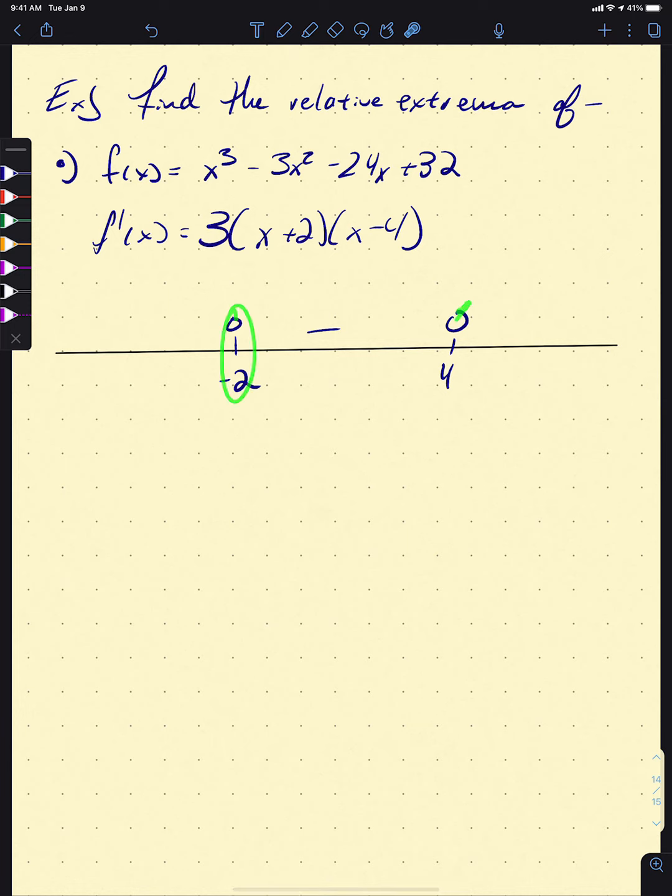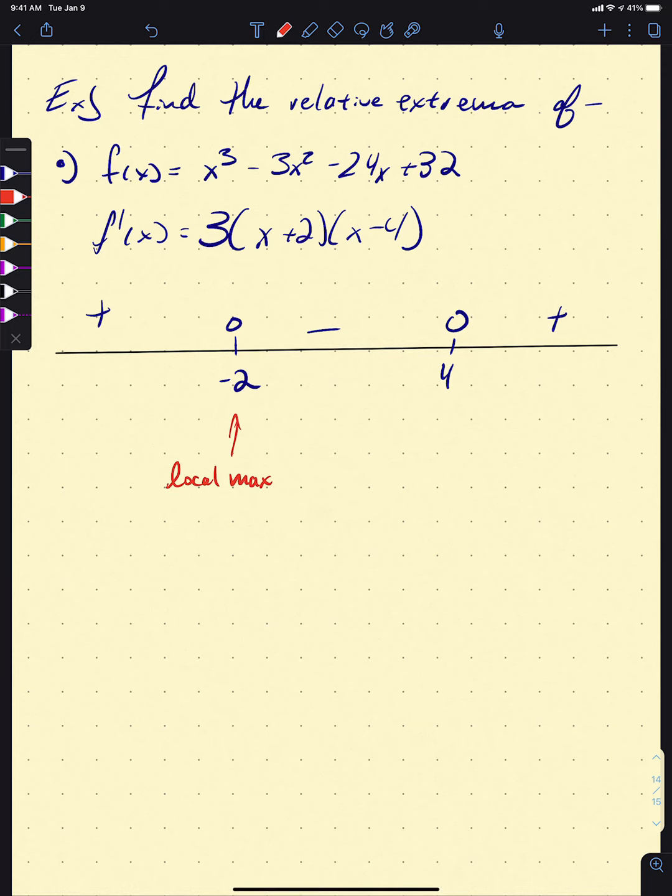This negative 2 and this 4 are our critical points. We're negative here and we're positive there, right? And so what that means is that at negative 2, we're going from a positive to a negative. So that means negative 2 is a local max, right?